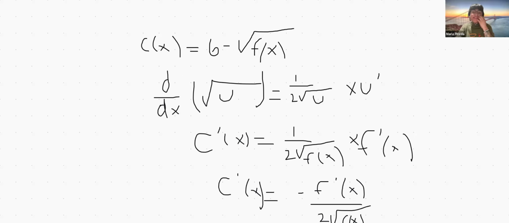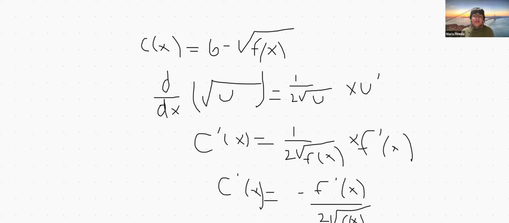So the c prime of x represents the marginal cost, the extra cost of adding one more customer or loan.